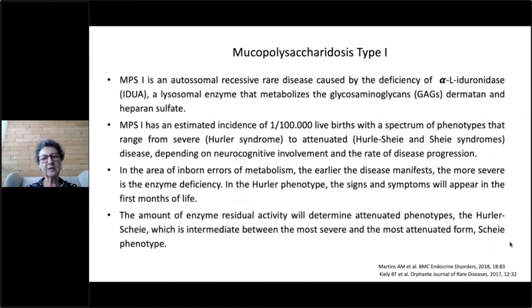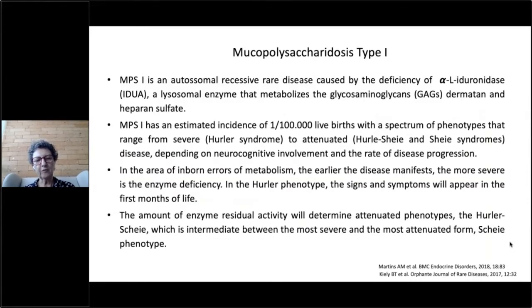MPS I has an estimated incidence of 1 in 100,000 live births with a spectrum of phenotypes that range from severe, the Hurler syndrome, to attenuated, Hurler-Scheie, that is the intermediate phenotype, and the Scheie syndromes, depending on neurocognitive involvement and the rate of disease progression.